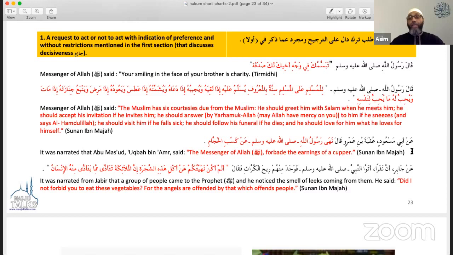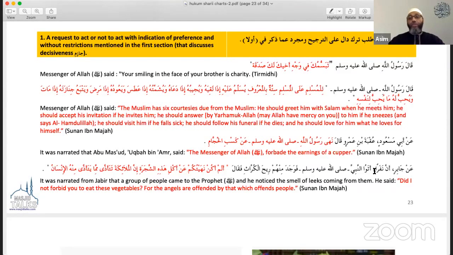While in the third hadith that we are seeing here, Rasulullah is asking us not to do something, or forbidding something, but there are no qara'in mentioned to show that this is decisively haram. Hence, this comes under the category of disliked or makruh to take the earning for cupping or hijama.